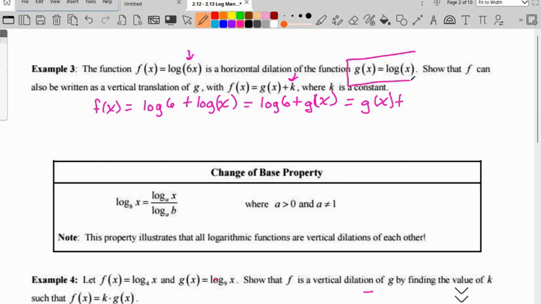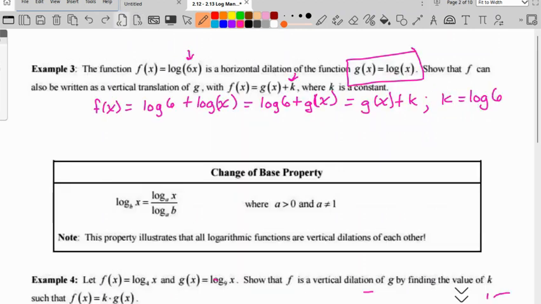They define g of x as the log of x right there in the problem. So f of x equals g of x plus k, where k equals the log of 6. Remember that the answer to that log is an exponent, which is just a constant. So that is a constant. So we're just saying it's that plus a constant, just a little bit of manipulation there. Okay.